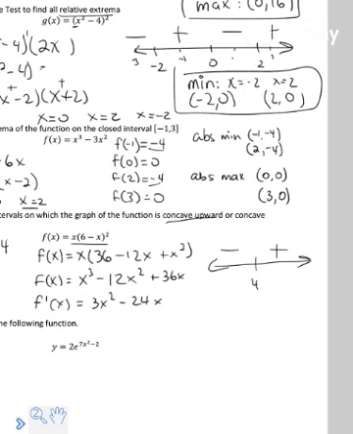So this indicates a concave down part of the graph, this indicates a concave up part of the graph. So it's concave down from negative infinity to 4, concave up from 4 to infinity.